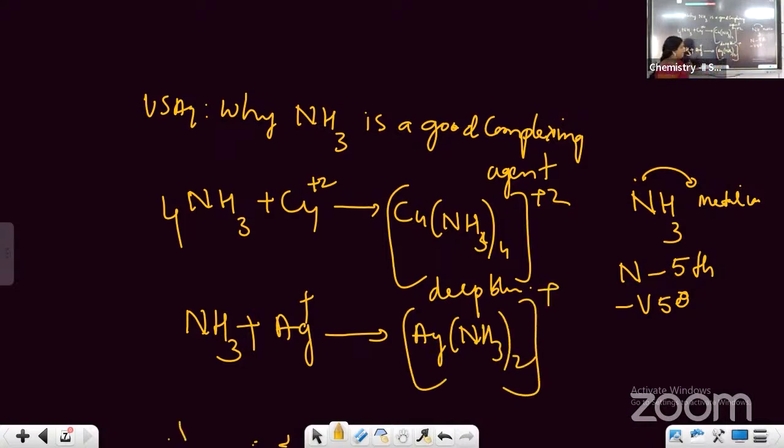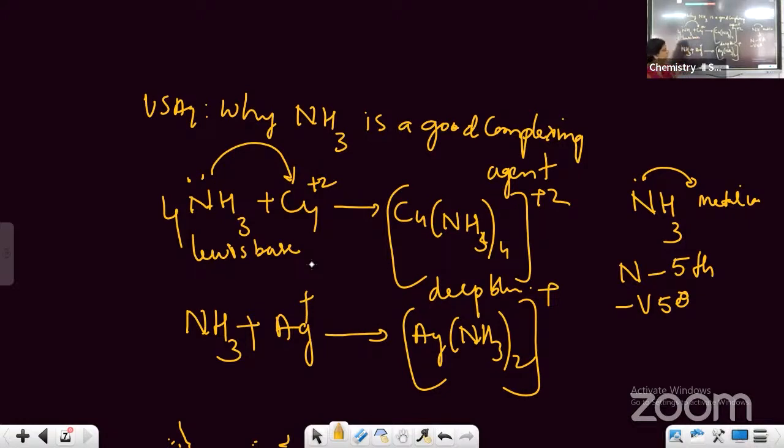So why is it acting as a good complexing agent? Because in ammonia, on nitrogen, a lone pair of electrons is there, which can be donated to the metal ion. That means ammonia is acting as a Lewis base. You have studied various theories of acids and bases in the first year.